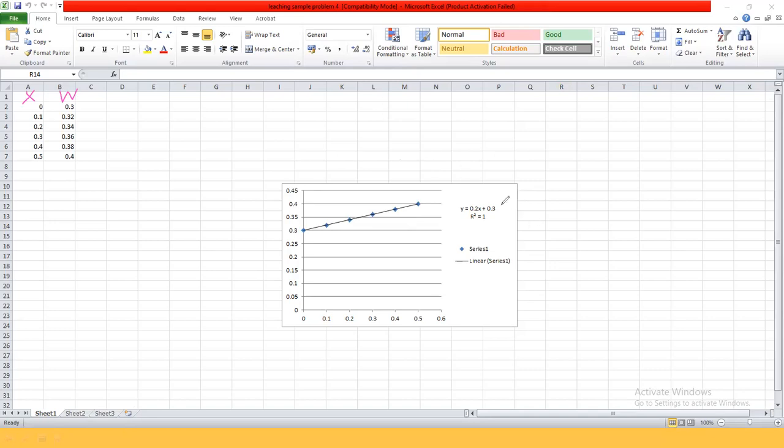And you have this equation: Y is equal to 0.2x plus 0.3. So we can change the Y to W, and we can have the X as X, capital X for the X that we have in here.